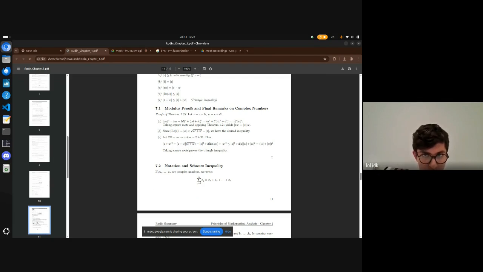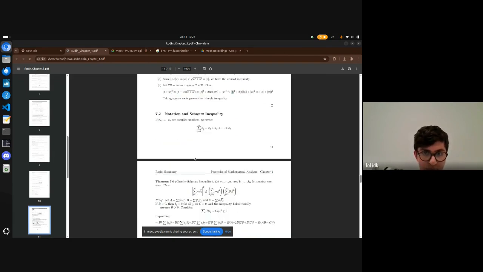We're just multiplying the real parts because we're squaring things. And so we're going to get z times the conjugate of w plus the conjugate of z times w, which is going to equate to 2 times the real part of z times the conjugate of w. And it's going to give us this thing, and this proves the triangle inequality.